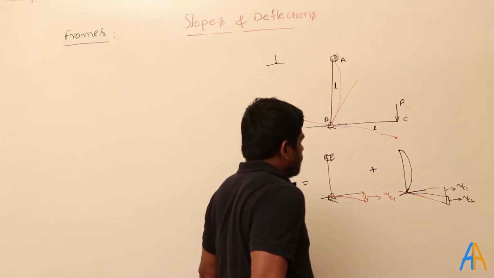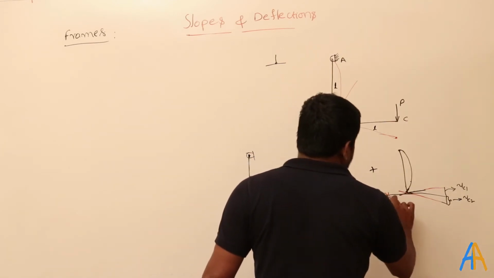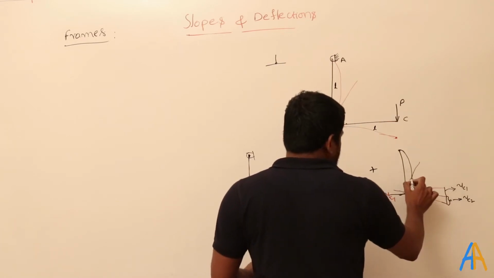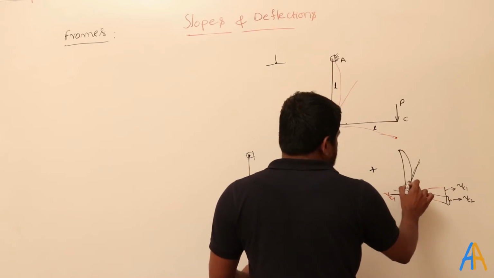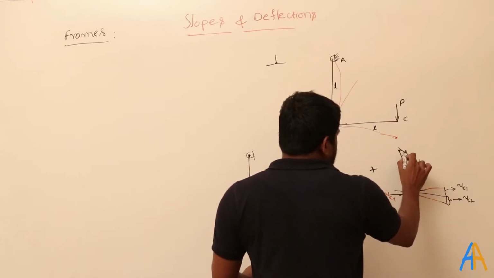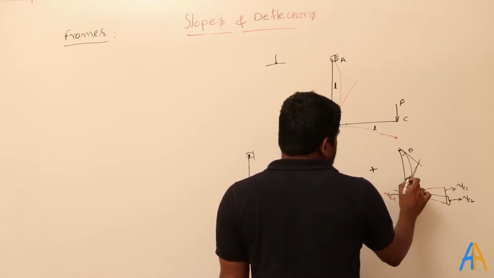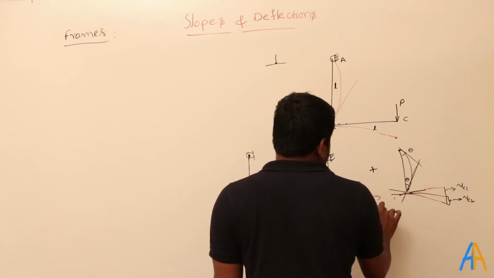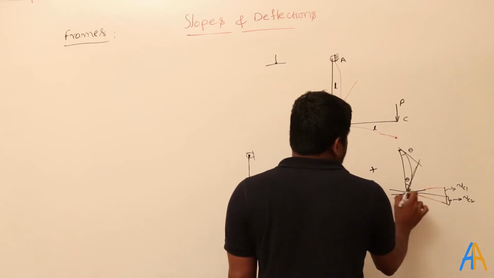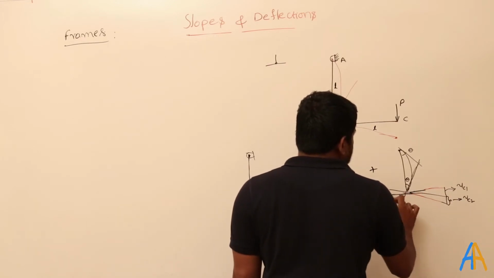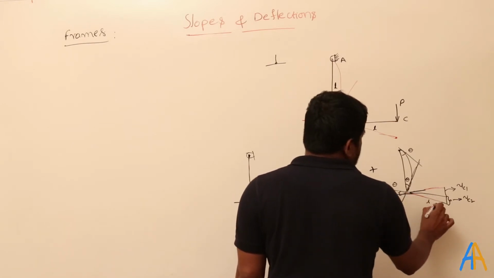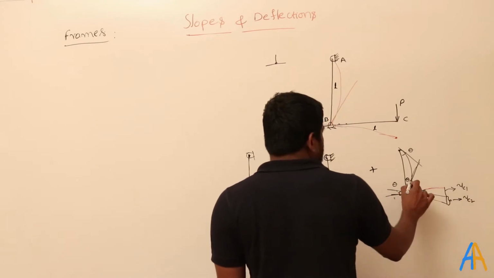Here the bending because of the vertical: see, for example, this is theta here, and here also it is theta. Whatever theta is here, here also. The angle between these two is also theta, and the length is L here. How is it theta?